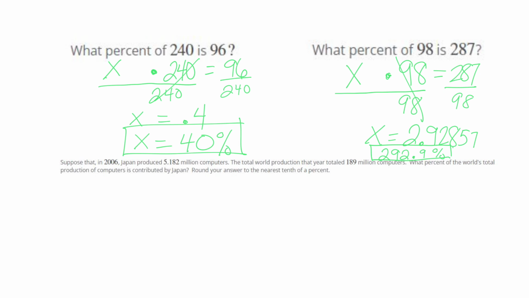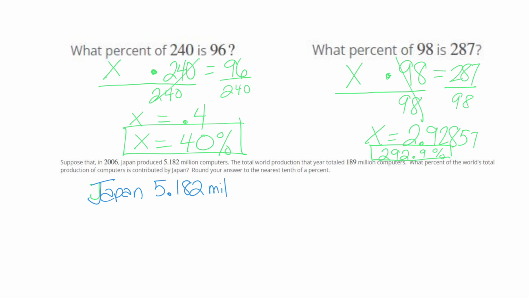All right, last problem I'm going to do with you here, taking that idea and turning it into some sort of a situation where you would set up this equation. Suppose that in 2006, Japan produced 5, I'll write this bigger. I hope you're not reading this on a phone because these are tiny if it is. So Japan produced 5.182 million computers.